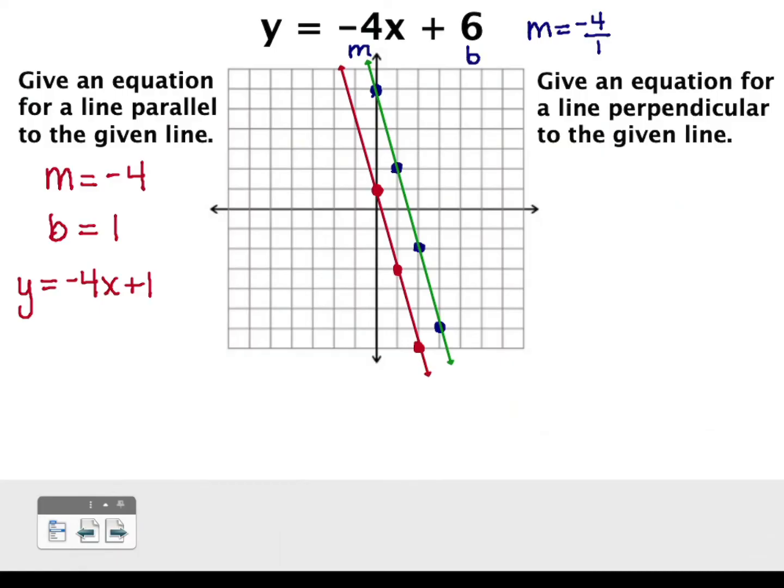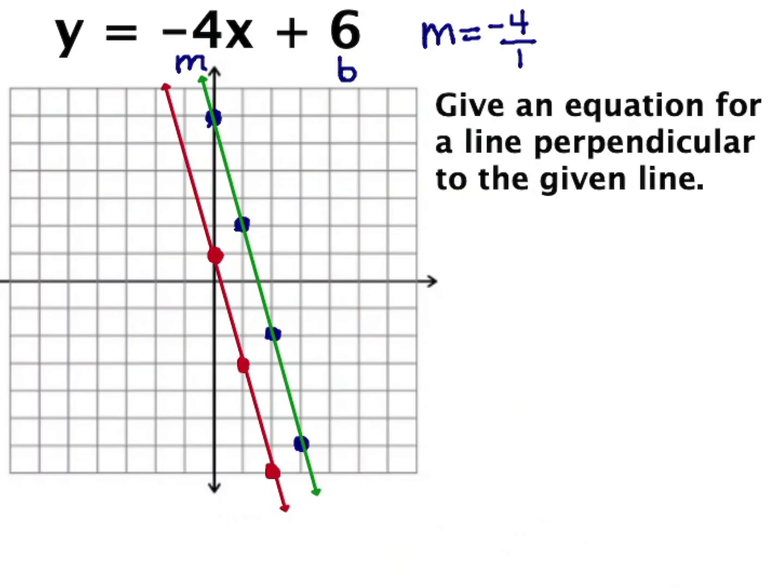Let's go for a perpendicular line this time. Since the slope of the original one was -4 over 1, I'm going to want to use the opposite reciprocal of that. So I'll want to use a positive slope, and the reciprocal would be 1 over 4. Again, it doesn't really matter what I choose for my b value. Maybe I'll just go with -2 this time. Just picking any random number I want.